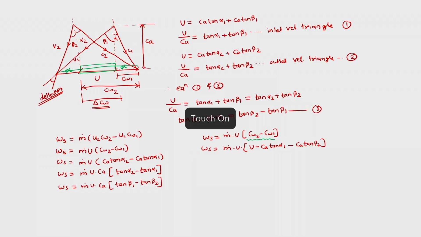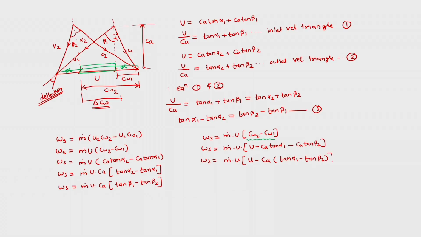So we have Ws equal to m dot into U minus Ca into tan alpha 1 minus tan beta 2. This is very much required since alpha 1 and beta 2 are most of the time the design parameters, so they would be known to us.